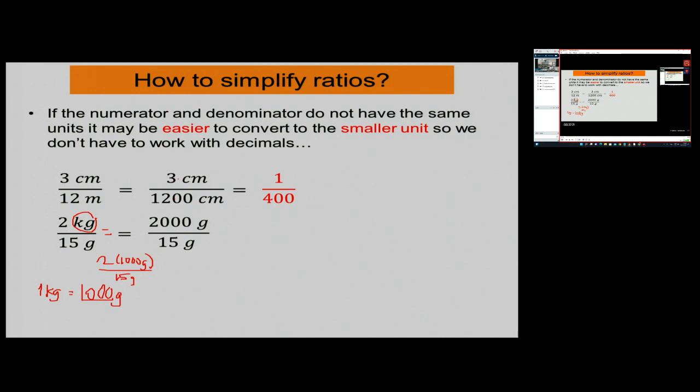If we simplify, what would be the ratio? Simplify, because again, ratio should always be in its simplest form. So what would be the answer? What's the answer?